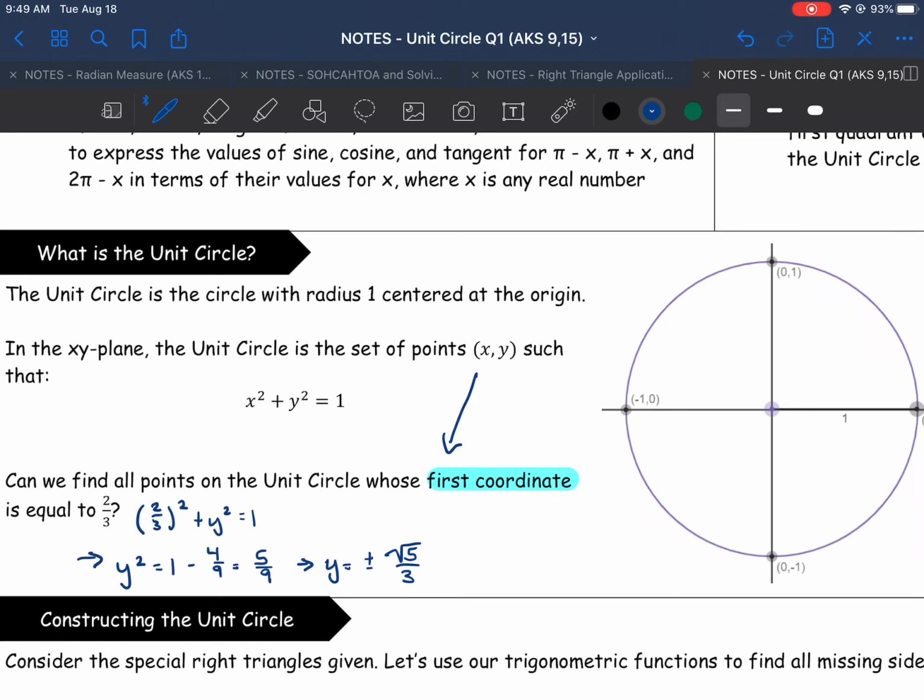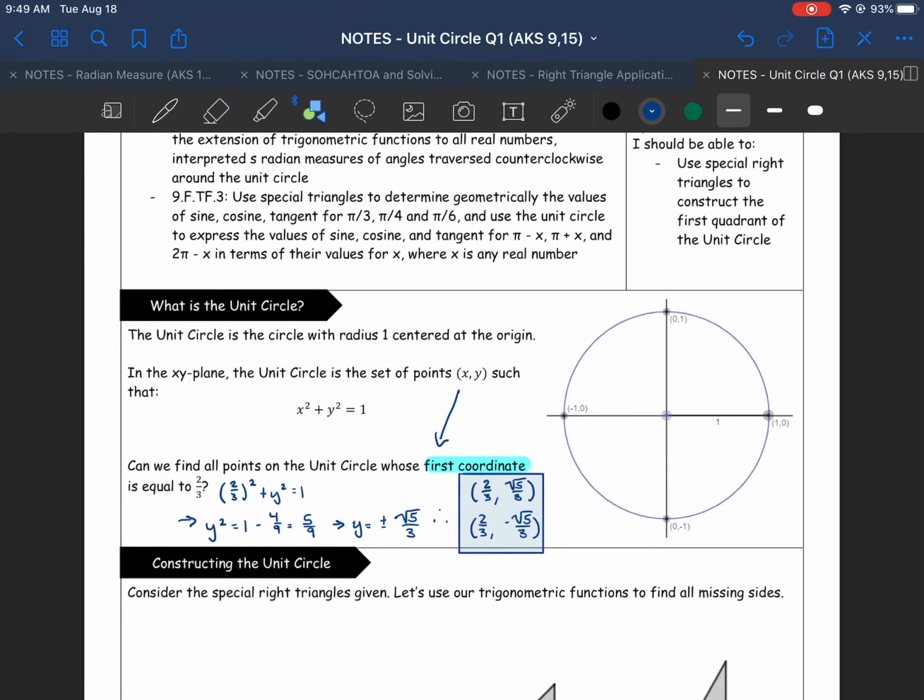So one of the points would be (2/3, positive square root of 5/3), and another point on the unit circle with the x coordinate of 2/3 would be (2/3, negative square root of 5/3). And that little symbol with the three dots in a triangle form means therefore, just in case you haven't seen that before.